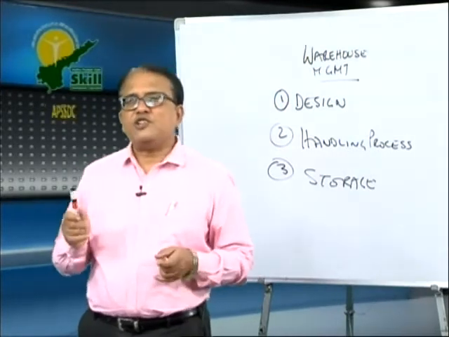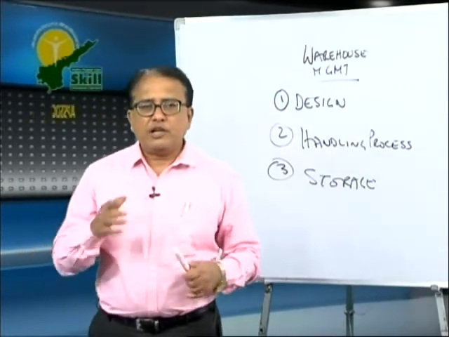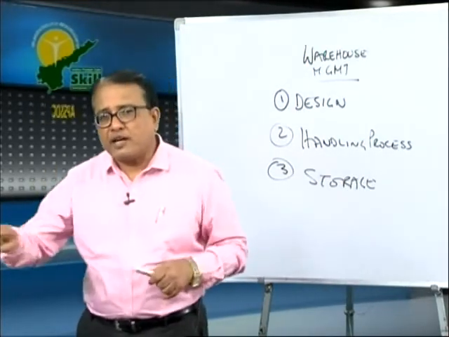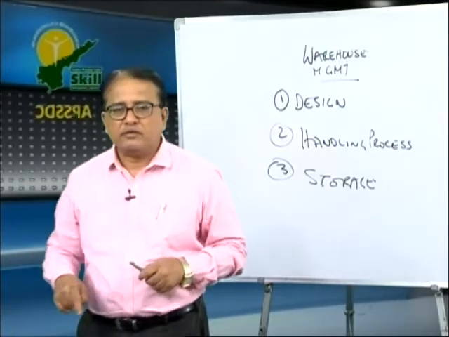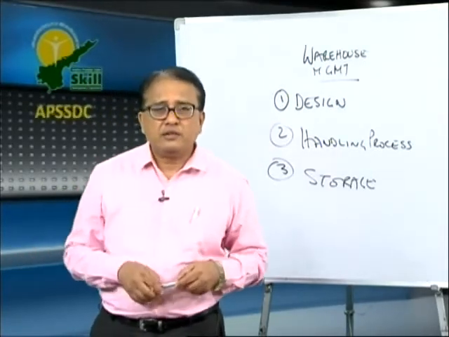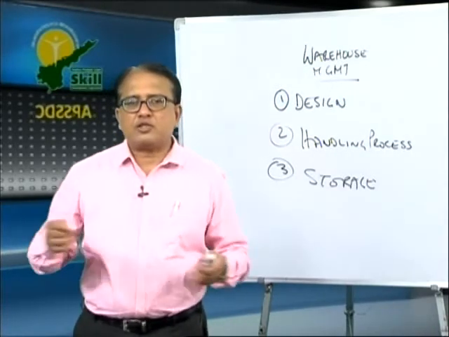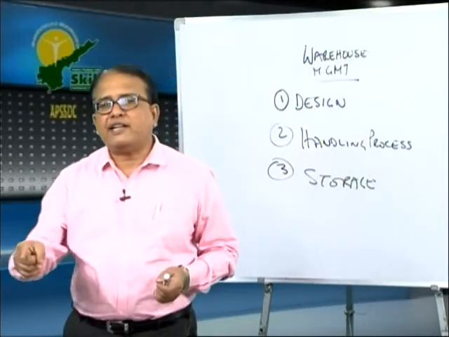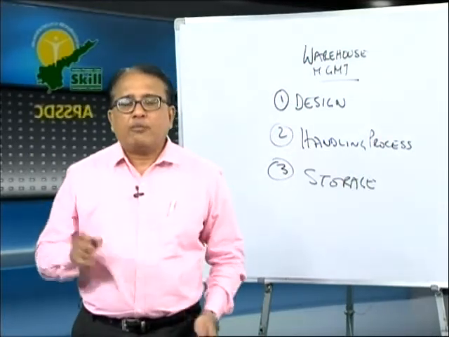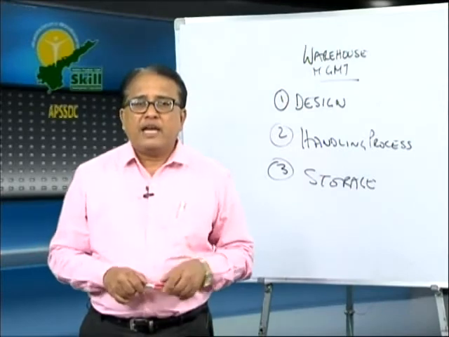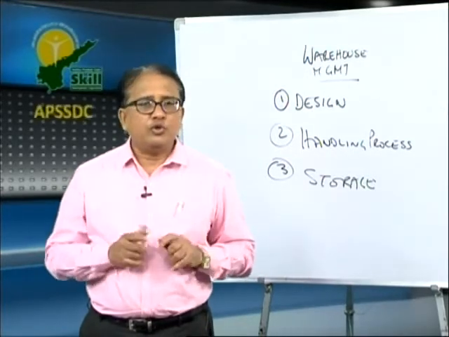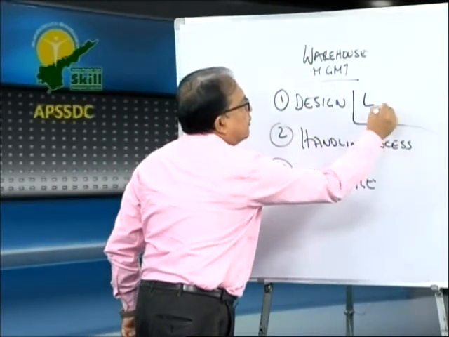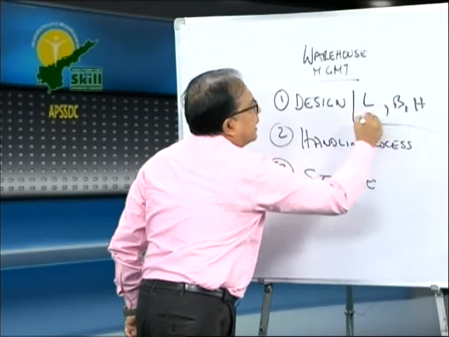When we use a residential apartment, we generally talk of square feet, because we are primarily using the carpet area, the ground area, the floor area. That is the reason apartments are sold per square feet. When we say square feet, we are talking of just two dimensions, length and breadth. But when you operate a warehouse, it is essential that you use all three dimensions, length, breadth and height.